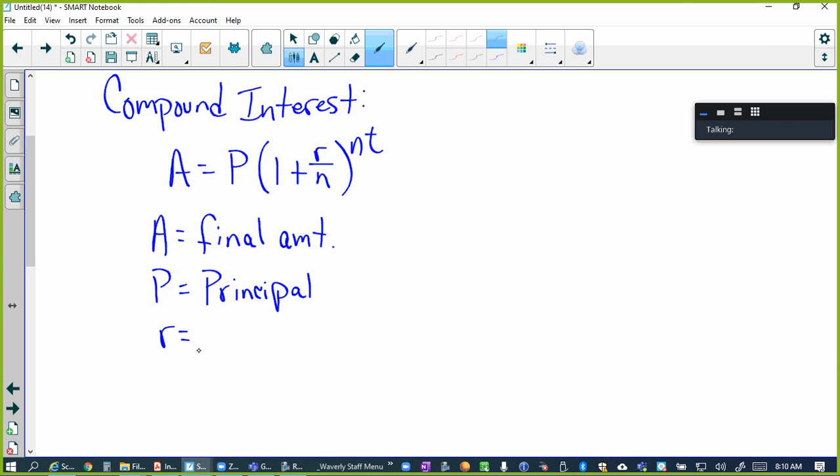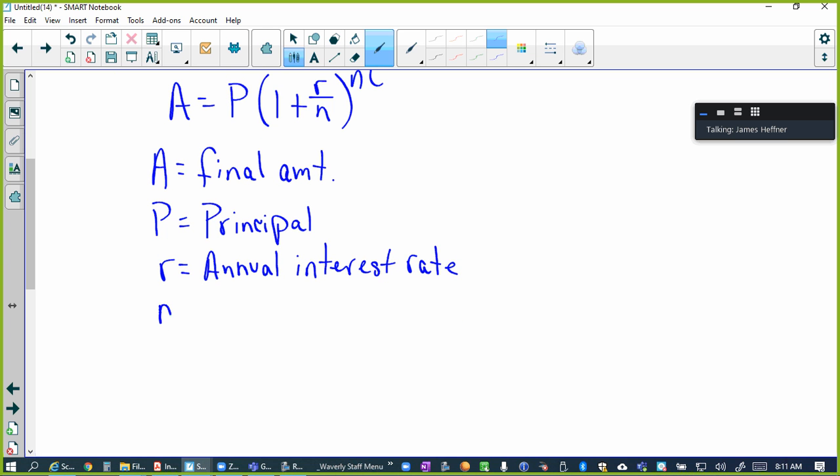R, that is the annual interest rate, right? Again, converted from percent to a decimal, okay? Now, N, that's the number of compounding periods per year.